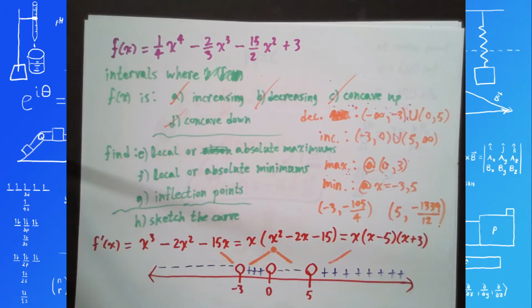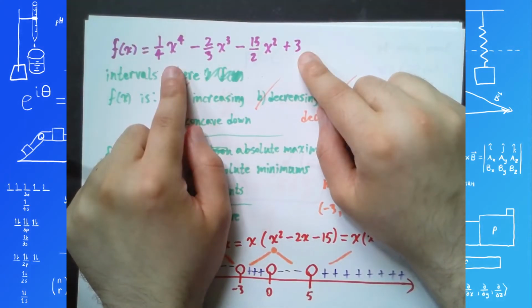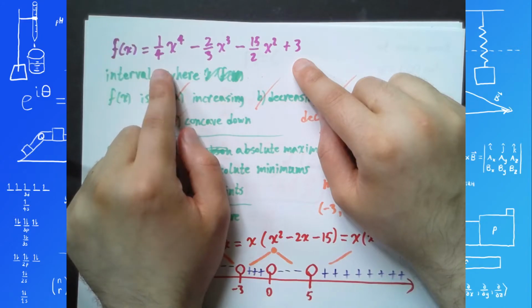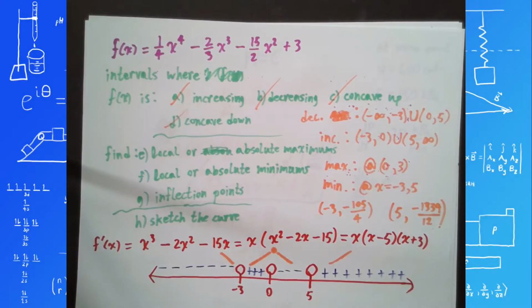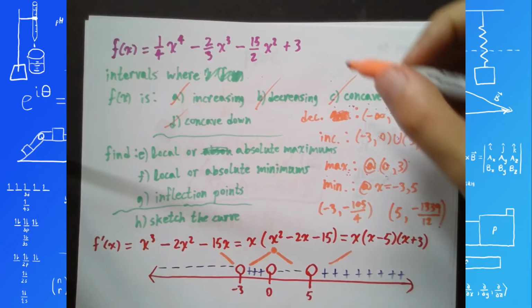Pre-calculus was all about getting you to understand the shapes of graphs, among other things. This is a 4th degree polynomial with a positive leading coefficient. So it's even degree, and it's got a positive leading coefficient.